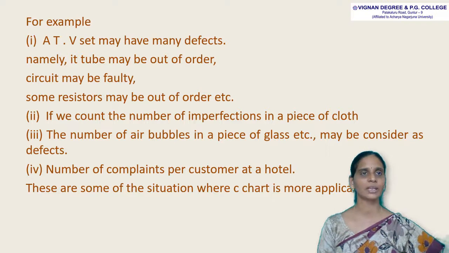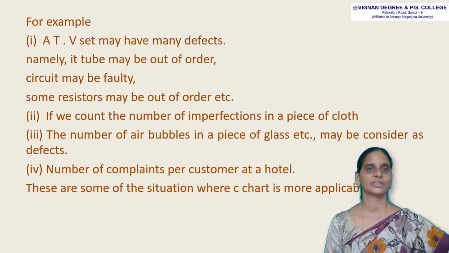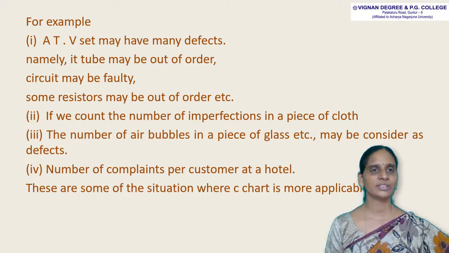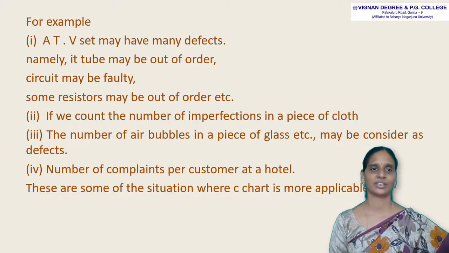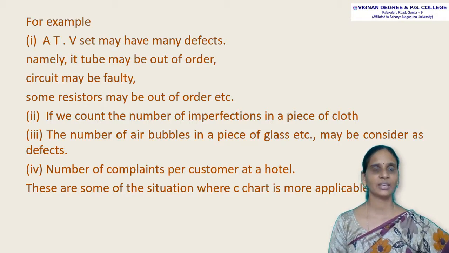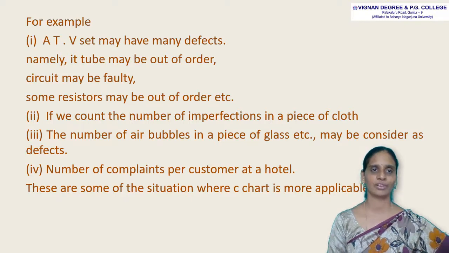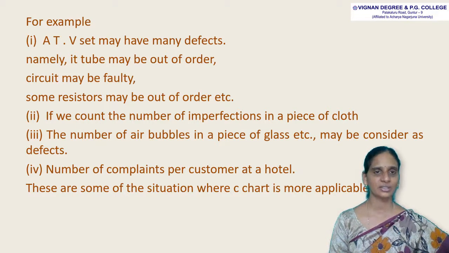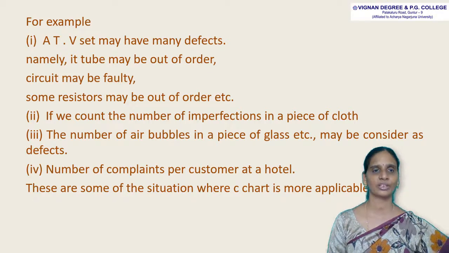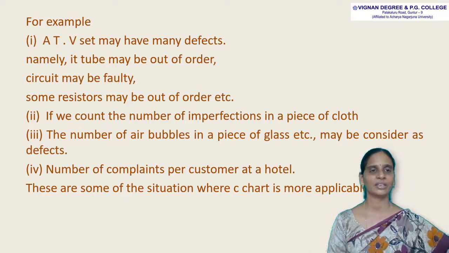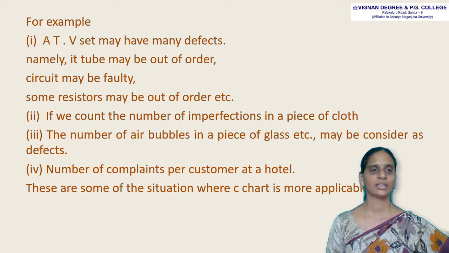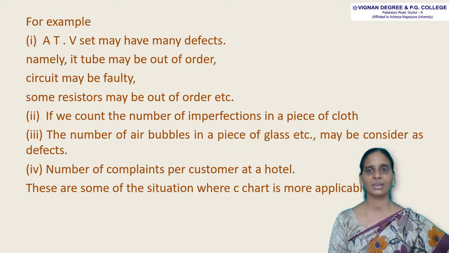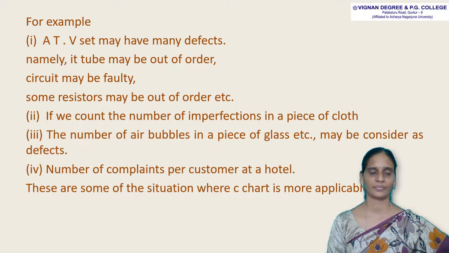For example, a TV set may have many defects, namely, its tube may be out of order, circuit may be faulty, some resistors may be out of order, etc. Another example is if we count the number of imperfections in a piece of cloth.